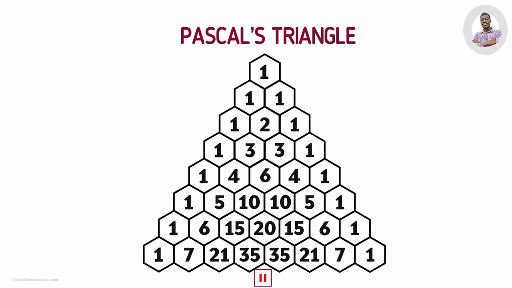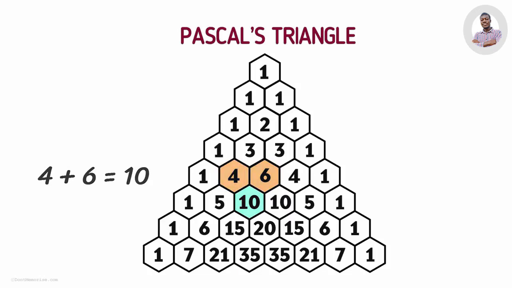Take a very good look at this triangle. Can you see any pattern in here? If yes, let us know. In the triangle, each number is the sum of the two numbers directly above it.